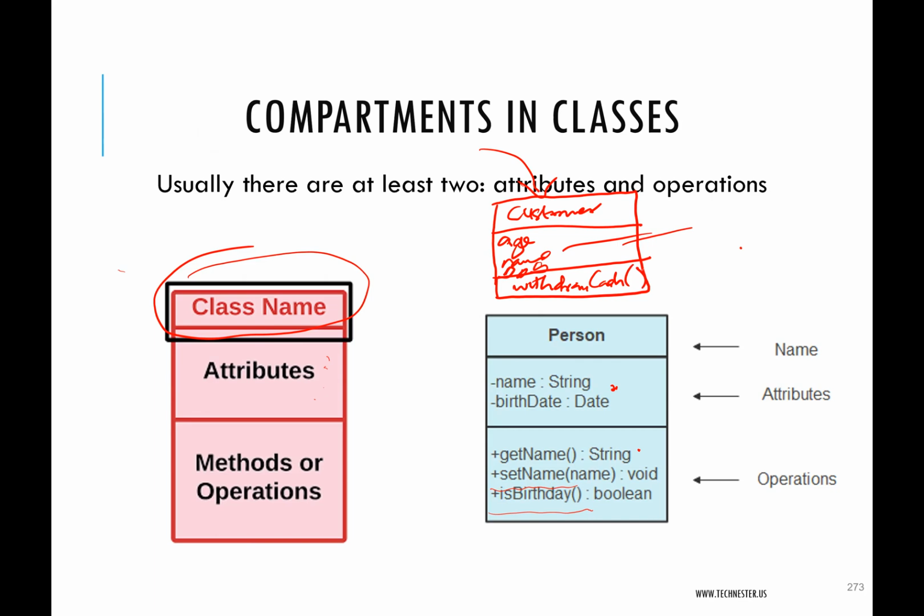So that's what a customer can do: withdraw cash. A customer may be able to do other things, right? A customer can withdraw cash. A customer may be able to deposit cash, transfer funds, those kinds of things. So you can put all those things here. So those will become the things that the customer can do, the operations the customer can carry out. But use cases don't tell you anything about the attributes of the customer.